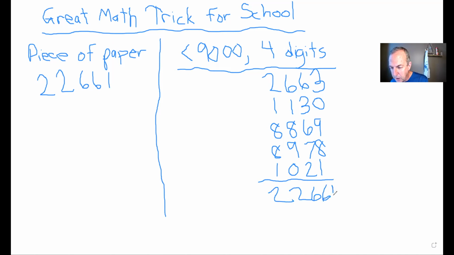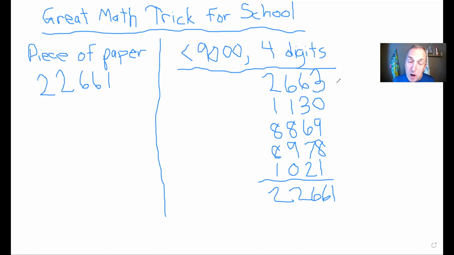My goodness, look at that. And then, of course, you ask that student to unfold that piece of paper and show it to all the students. And sure enough, you had written down 22,661 just from this first number.